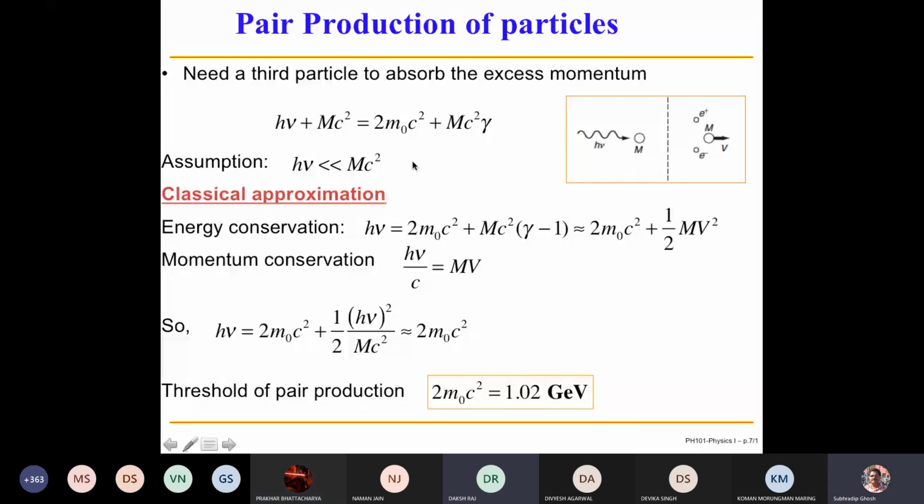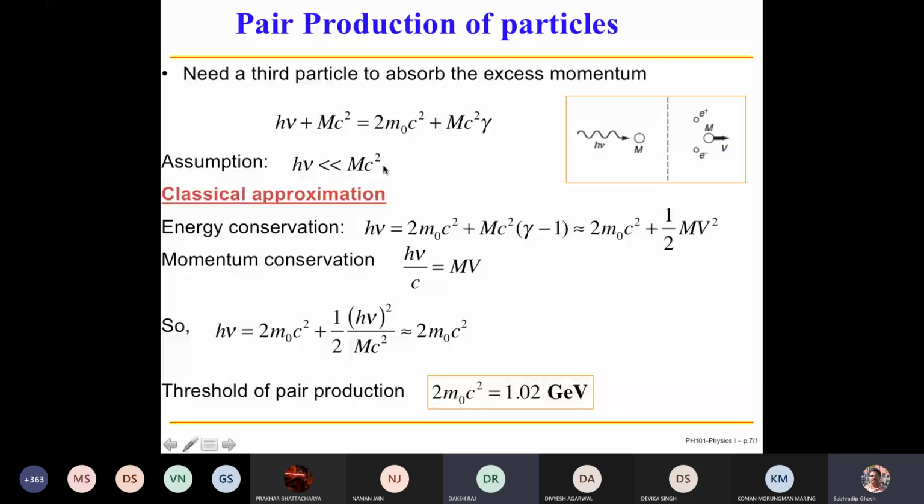In fact, if you go for real numbers, for hydrogen, the lightest atom, this mc square is 940 mega electron volt. 940 mega electron volt is a huge energy. And now I'm talking about the hydrogen atom.